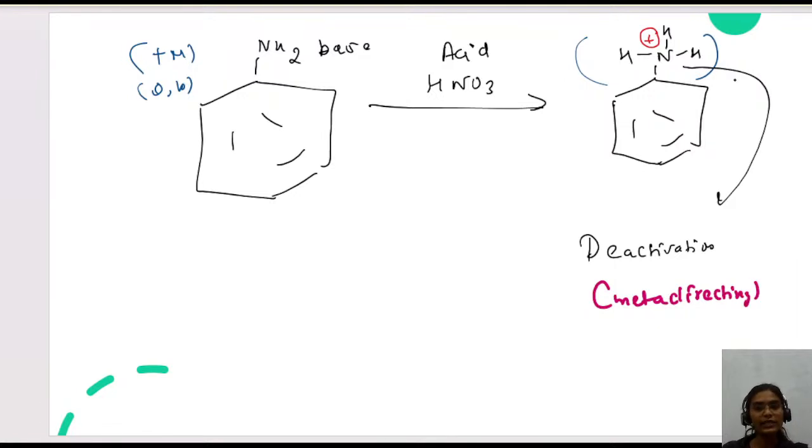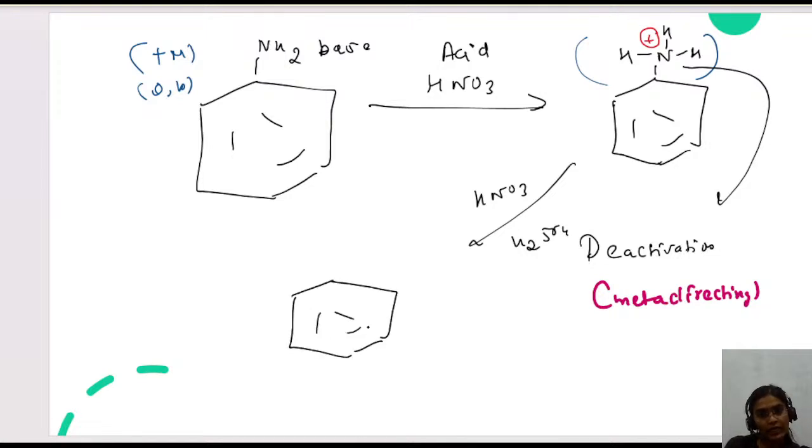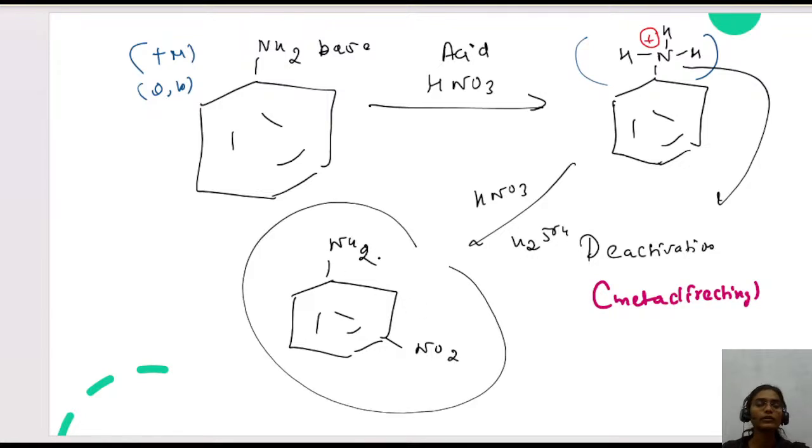Because of this extra reaction, if you again go with HNO3 plus H2SO4, it now prefers the meta position only, and the meta amount is not small, it is very high.